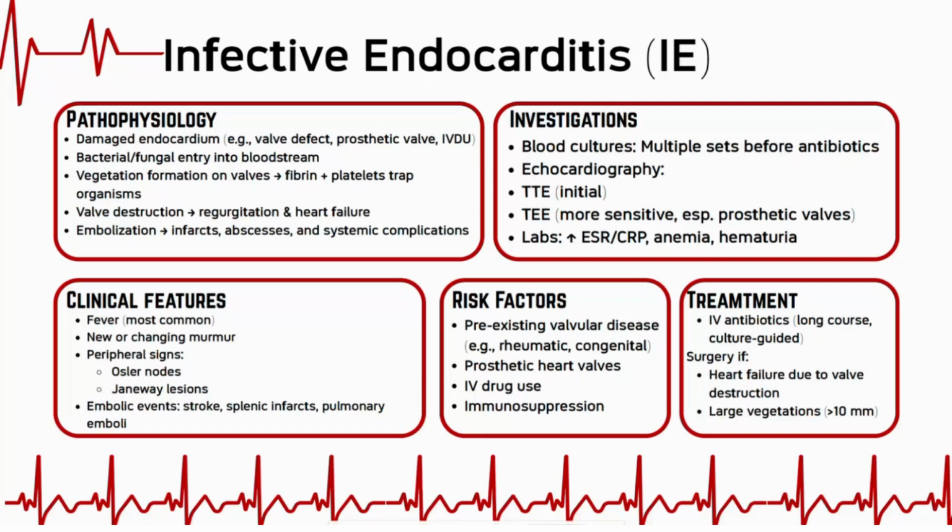Now, what can then go on to happen is that this vegetation can get bigger and bigger. Because we have a bacterial organism deposited there and multiplying, we can have an inflammatory response created against that organism.